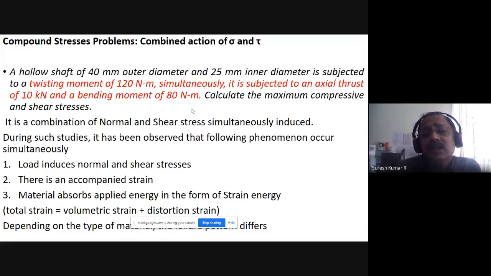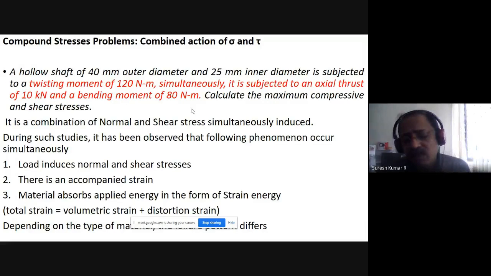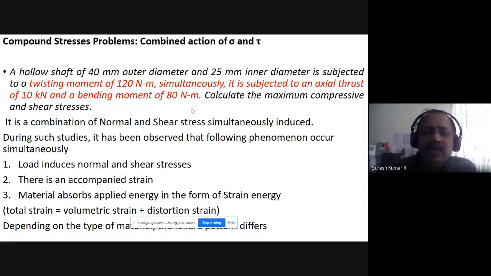In such a case, what is the failure criteria and where is it critical? Is it critical under normal stress or is it critical under shear stress? Where should I keep the material safe, under shear or under normal stress?